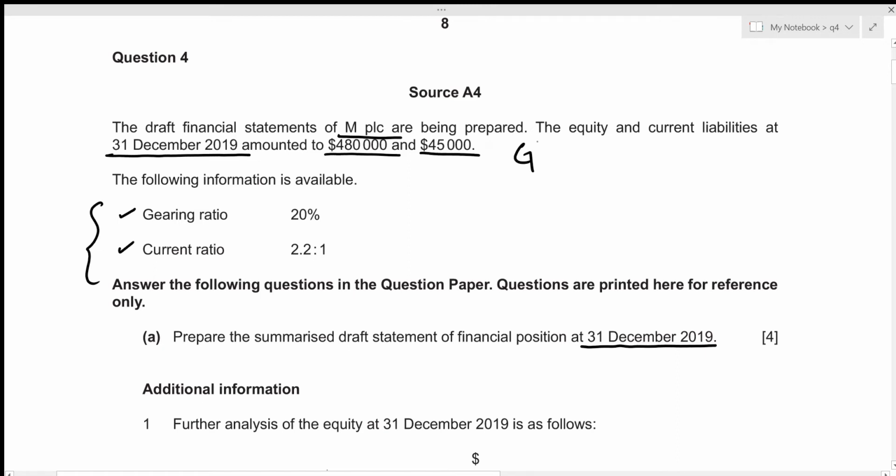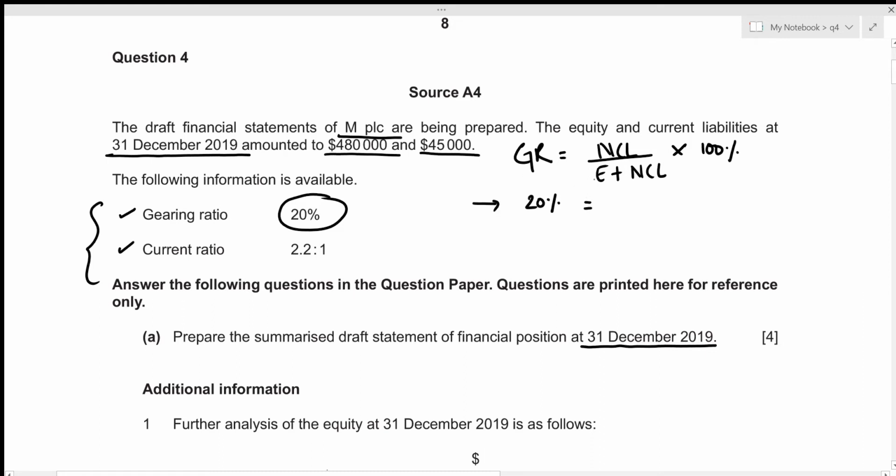So we know that gearing ratio is just going to be the non-current liabilities divided by our capital employed, which is just equity plus the non-current liabilities. And since we are given it in a percentage, we need to multiply it with 100%. Alright, now we can just substitute the values. We know that our gearing ratio has a value of 20%.